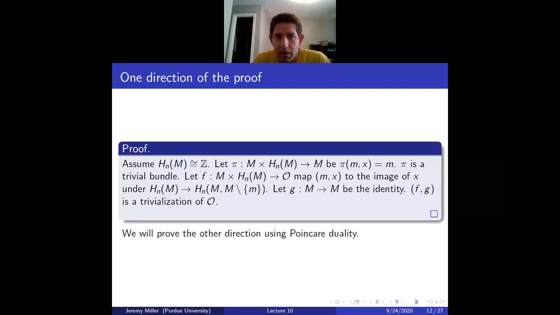It comes with a projection map to M. Then we want a bundle isomorphism from this trivial bundle into the orientation bundle. We just send (M, x) to the image of H_n(M). You can check that this map is an isomorphism.